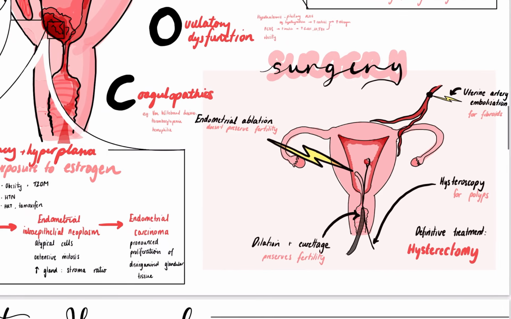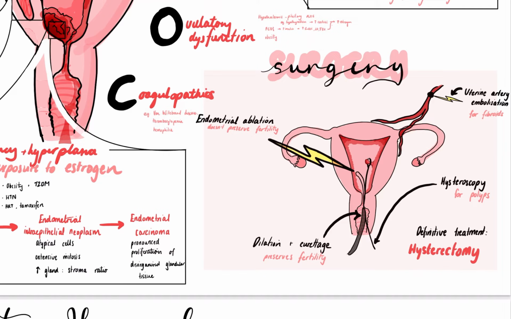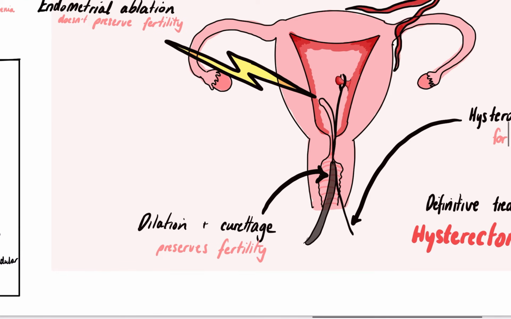So in terms of surgeries, these are the more invasive ways that we can manage someone with acute uterine bleeding. Starting off with dilation and curettage. Dilation and curettage is basically where they use a curette and they scrape away the excess endometrium that's causing the uterine bleeding. So for example, in the case of endometrial hyperplasia or anything like that, this is a method that preserves the endometrium and allows it to continue to proliferate in the future.